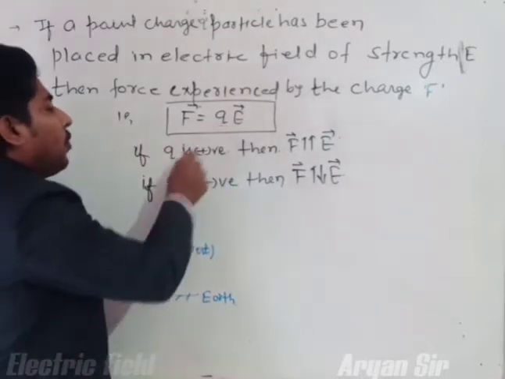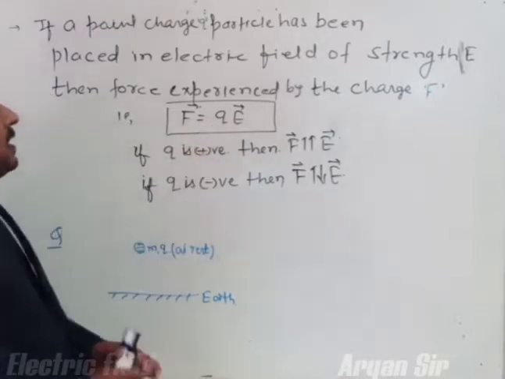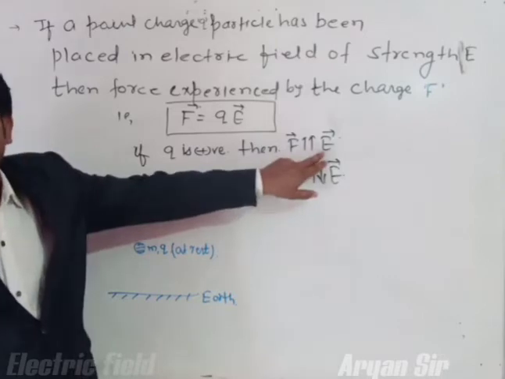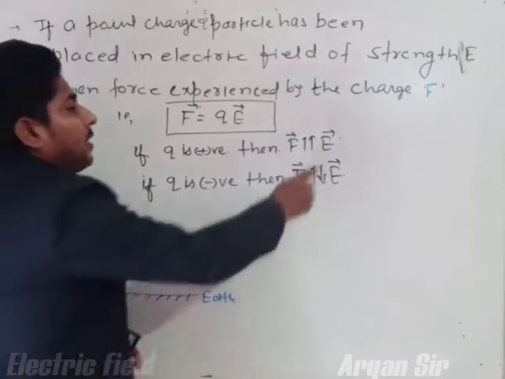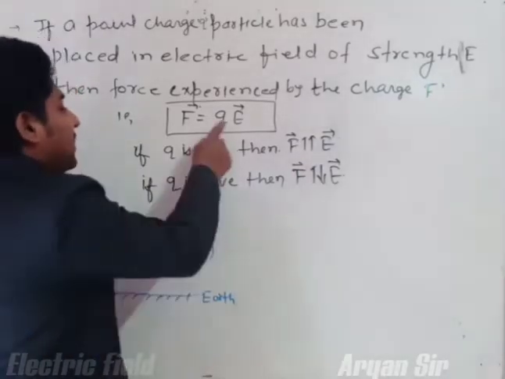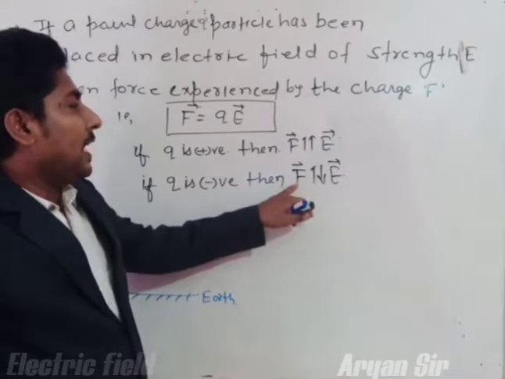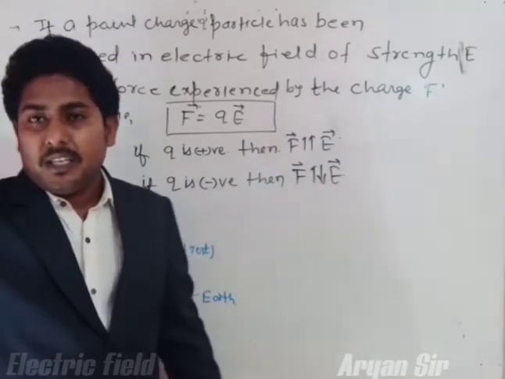If Q be the positive charge, then the electric force experienced by the charge is directed in the same direction as electric field. So here electric field intensity and electric force both will be parallel. If this charge is negative, then the direction of this electric force is directly opposite to the electric field intensity.